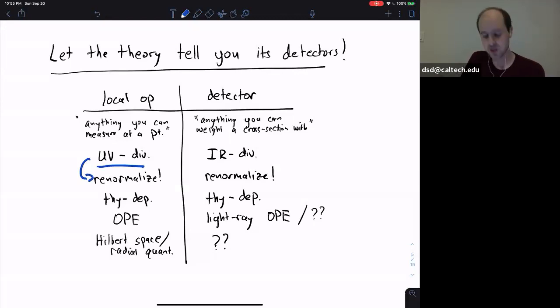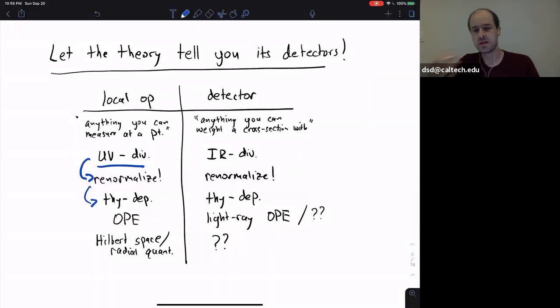Through that renormalization procedure, you discover a space of operators that's now theory dependent. So the good operators of the theory depend on the theory. You have to let the theory tell you what the good operators are. You have to start doing a calculation and see what the good observables are in the theory.